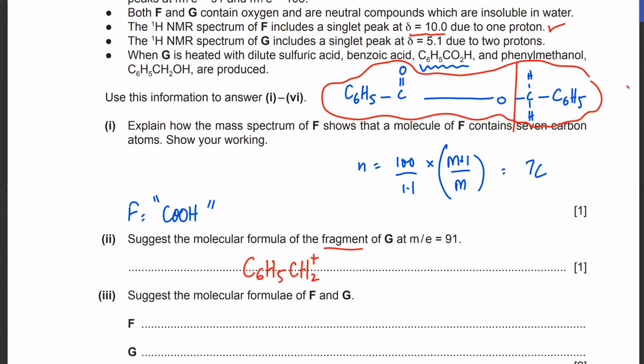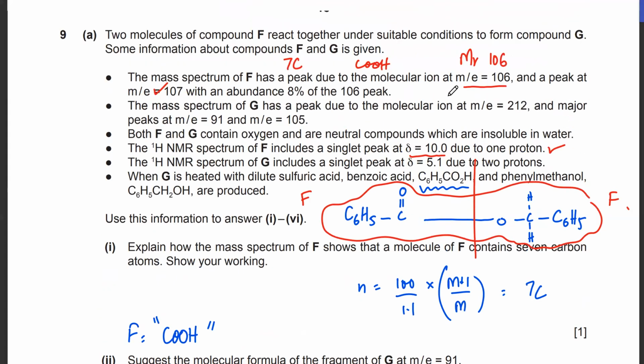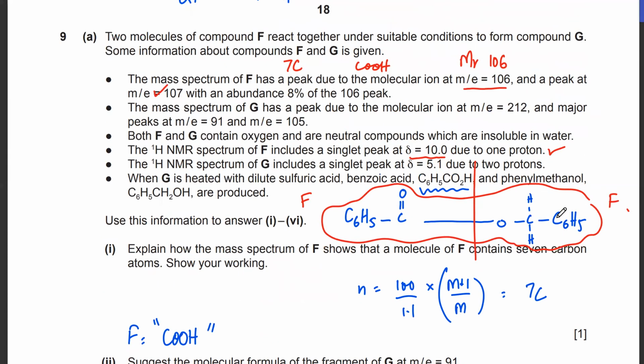The only confusing part is two F's combined together to form G. Now this must be F and this must be F as well. But they told us that they react together under suitable conditions. Now these two things look different. This looks different compared to this one. So the point is, F over here must have undergone some treatment and it might have changed into something else.